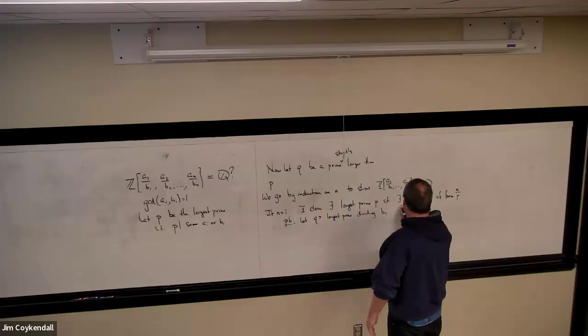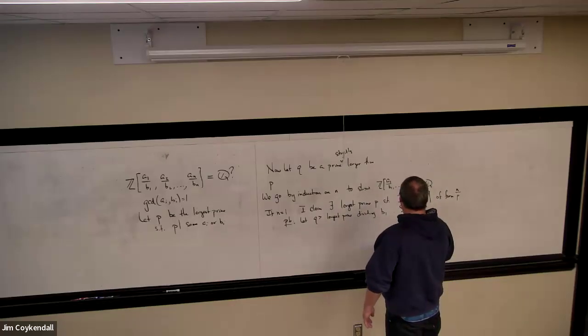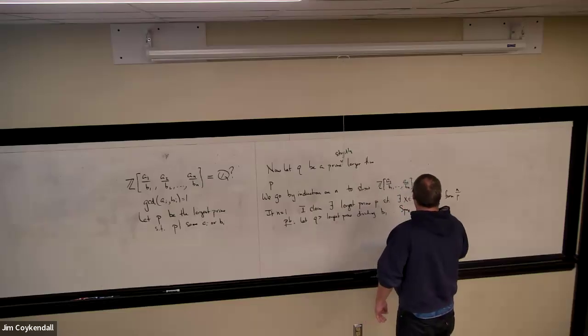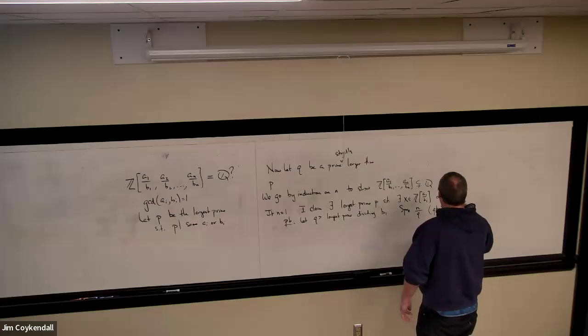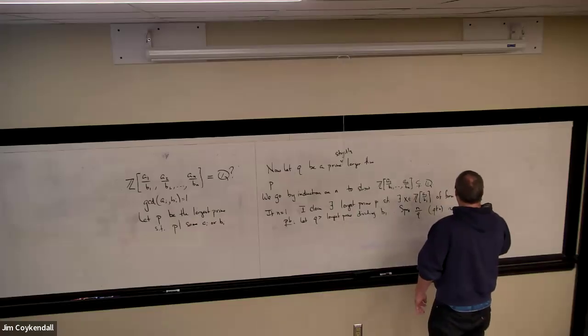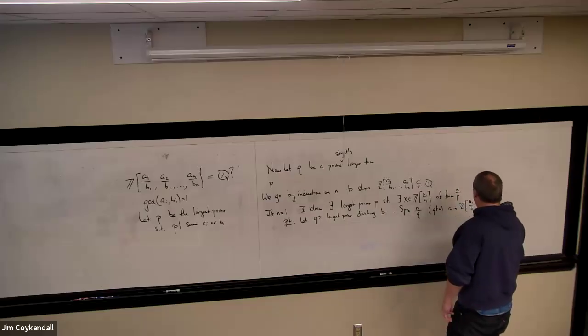Suppose N over Q, where Q does not divide N, is in Z adjoined A1 over B1.